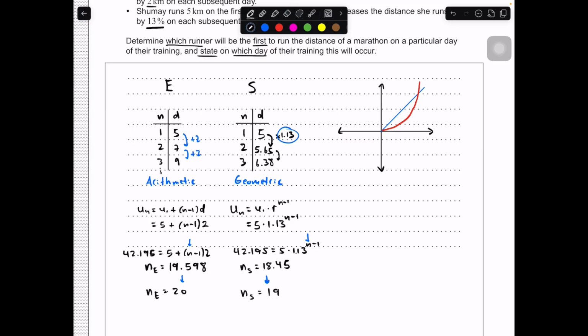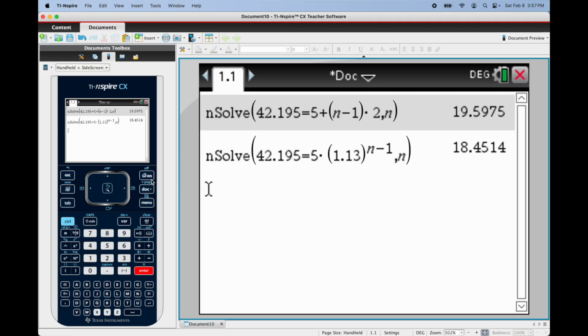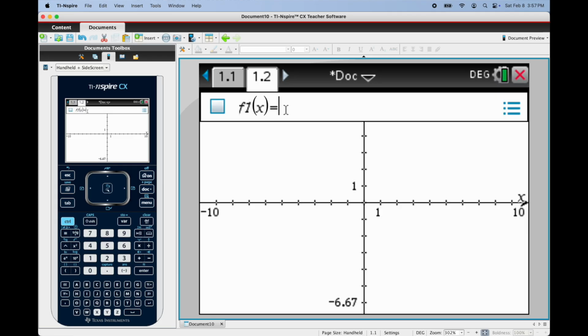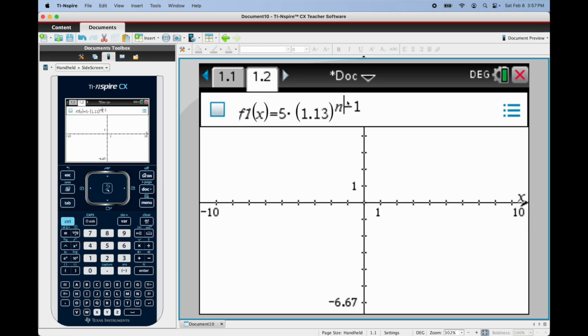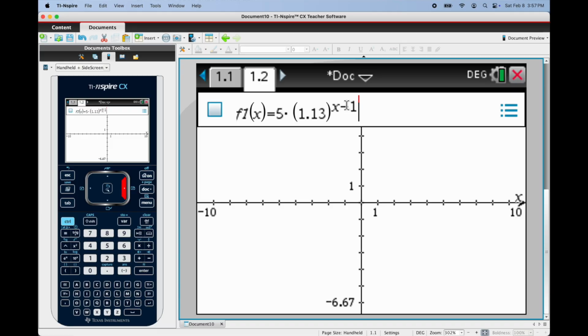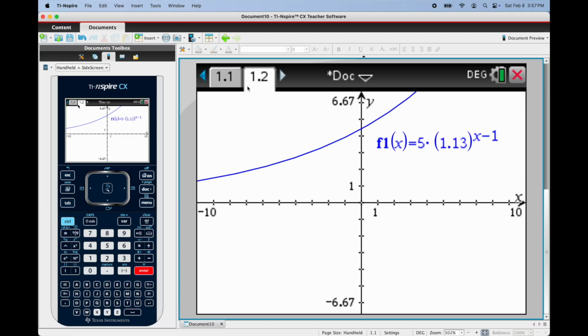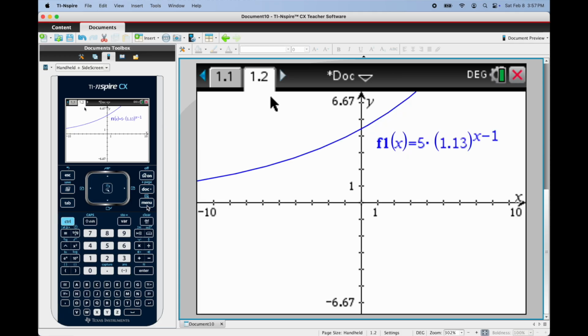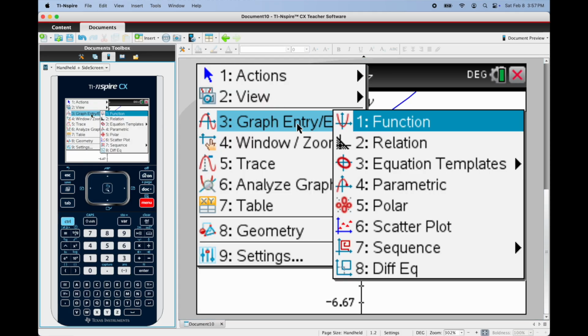Do we want to do the graphing way? Maybe quickly. Alright, let's go. If we wanted to, we can go into our graphing calculator and put in Shumei's results. To be honest, I'm just going to copy paste this. Let's go in menu, graph entry, function.